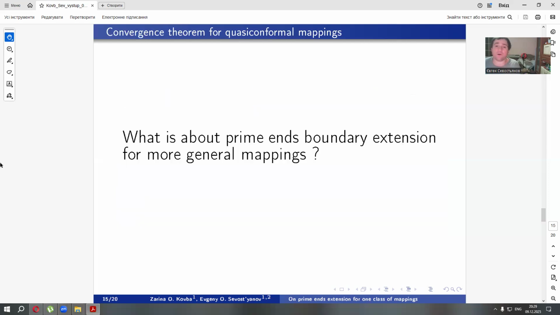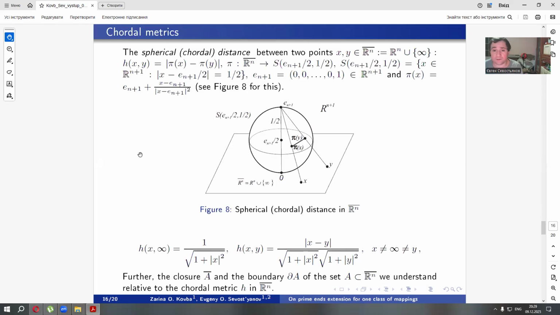And what about prime ends boundary extension for more general mappings? Recall the following definition. We define the chordal distance between two points x and y in the extended space R^n dashed, which is R^n together with infinity, by the following rule.